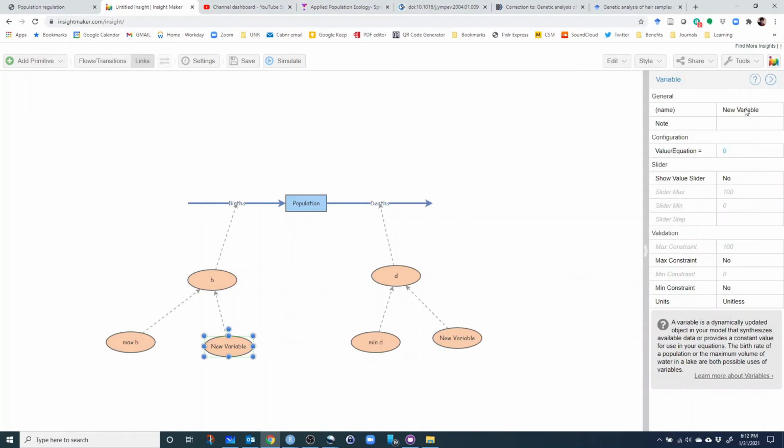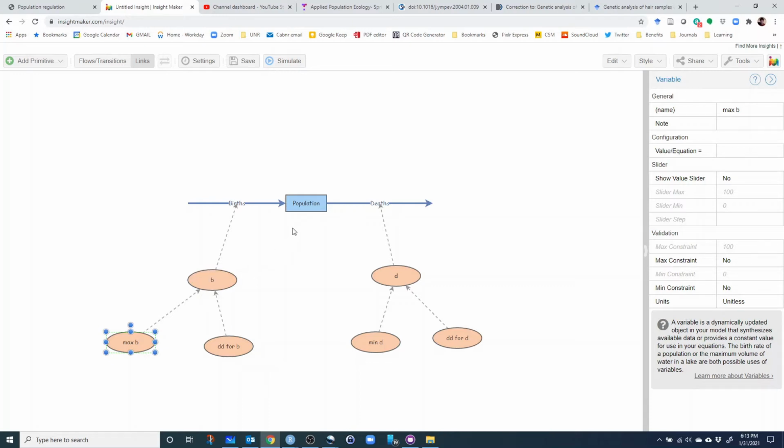And this is going to be density dependence for B. That's kind of the slope of the relationship. As density goes up, birth rate goes down. And I'll call this density dependence for the death rate. All right. Now, let's fill in the equations here.